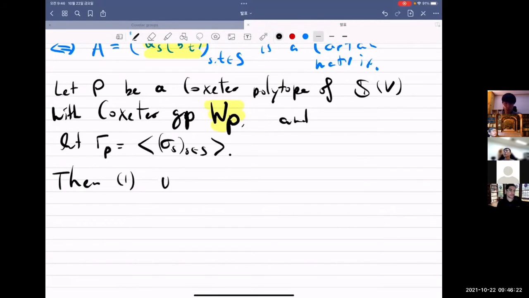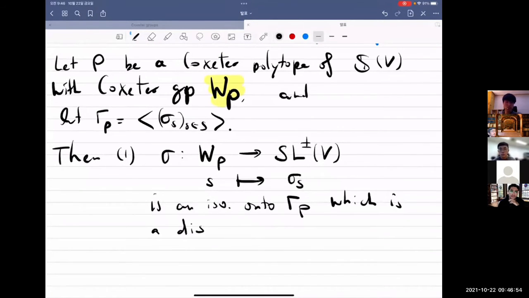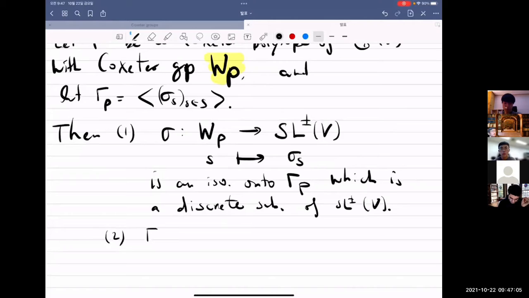Okay, then this is the important result. The representation sigma from WP to SL plus-minus V, where every generator maps to sigma S, is an isomorphism onto Gamma P, which is a discrete subgroup of SL plus-minus V. Okay, so it is discrete, and the Gamma P orbit OP is a convex subset.